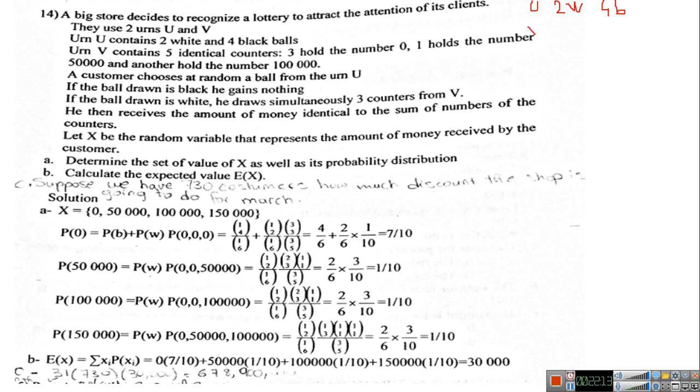Urn V contains five identical counters. Three hold the number 0, one holds the number 50,000, and one holds the number 100,000.